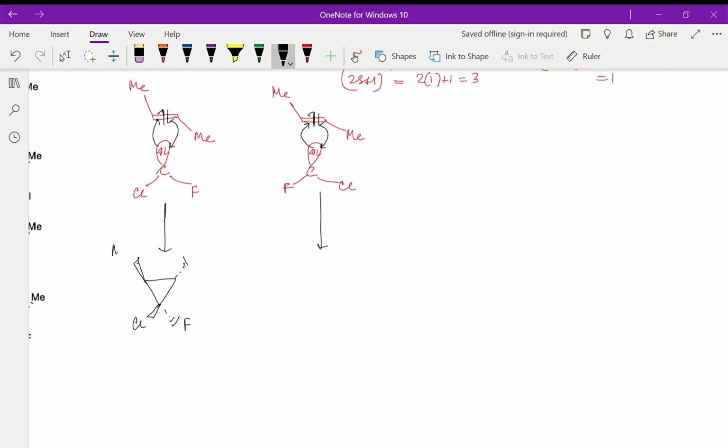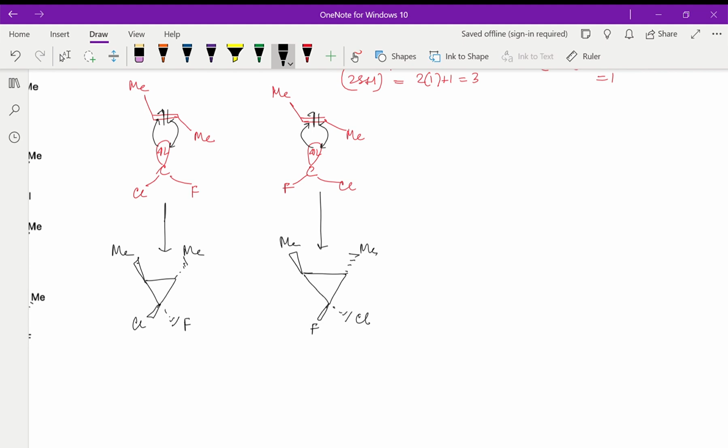So these are our methyls. What will be the other product? Now the F is going to be on the top, this methyl is on the top, that methyl is downwards, and similarly this Cl is now downwards.